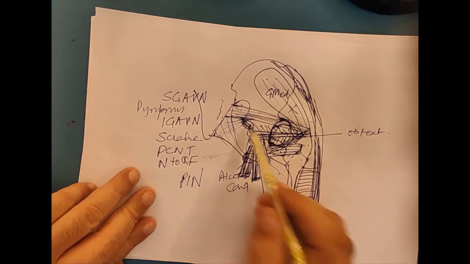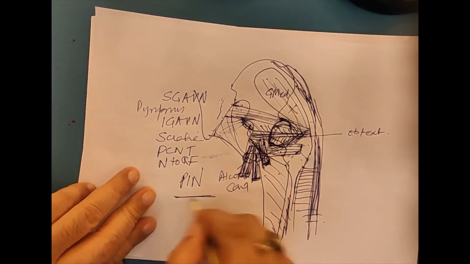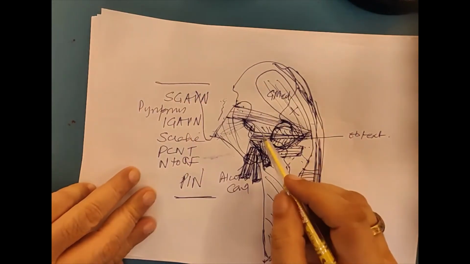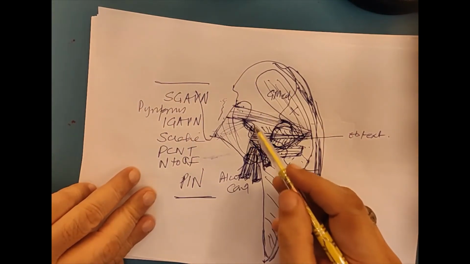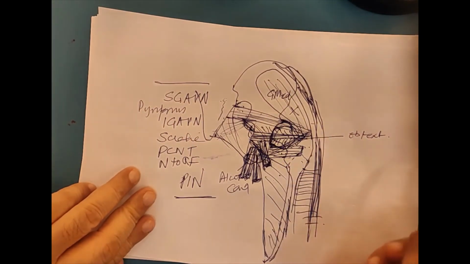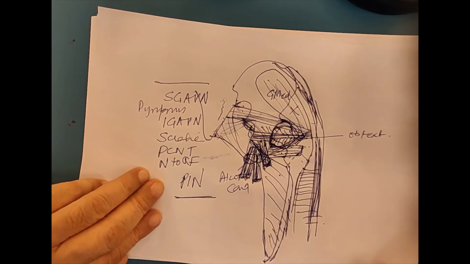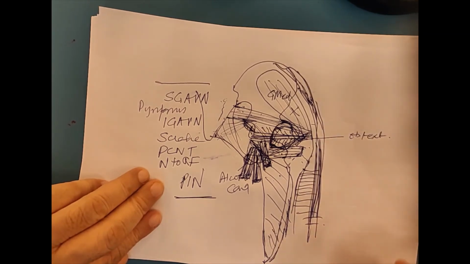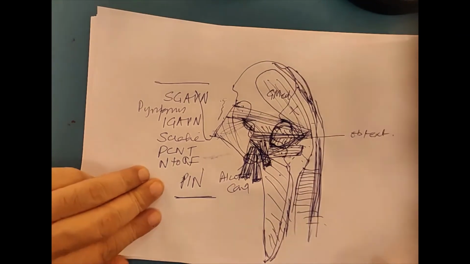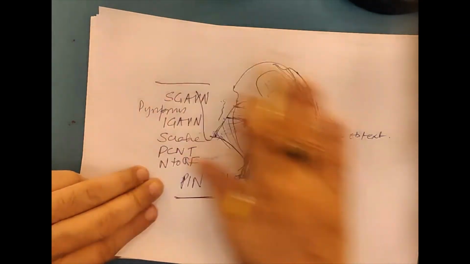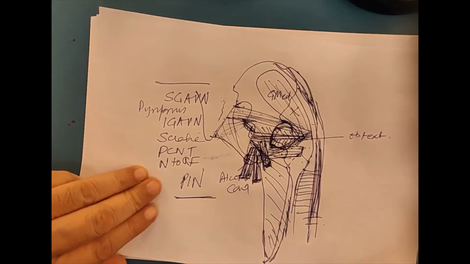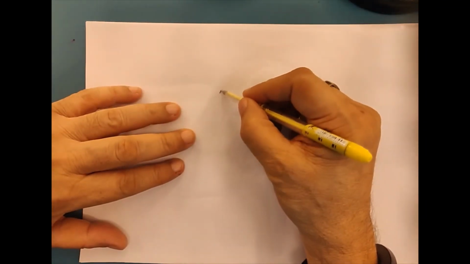So these are the structures that pass out of the greater sciatic notch, and these are the structures that pass through the lesser sciatic notch, and I think we have covered the posterior view. Now I'll tell you, we'll draw it again and tell you that all this is covered by the gluteus maximus muscle. So we'll draw it again.